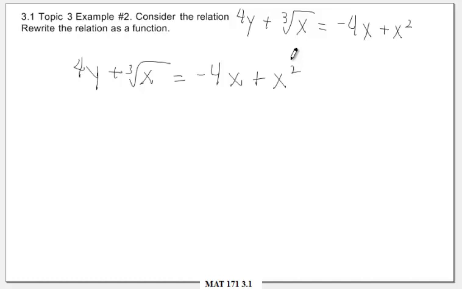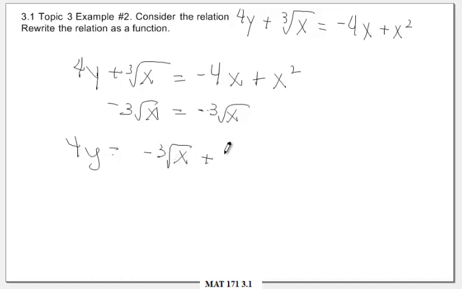To solve for y, the first thing I'm going to do is subtract the cube root of x from both sides. And that will give me 4y is equal to the negative cube root of x plus x squared minus 4x. And then we just divide everything by 4.